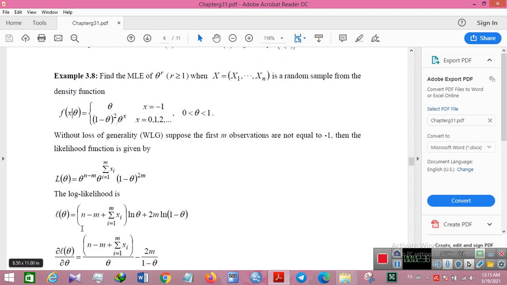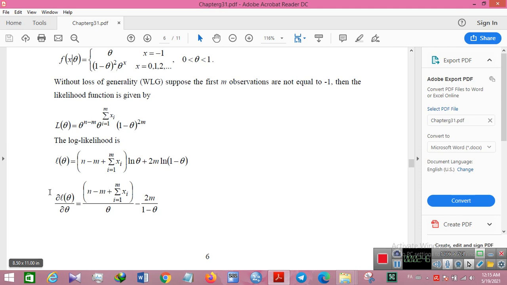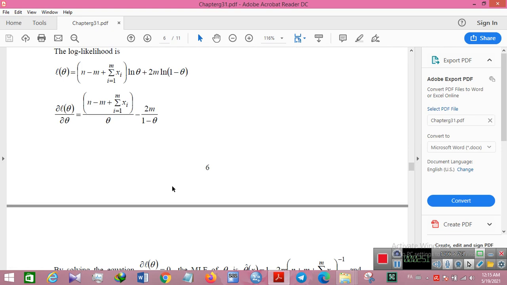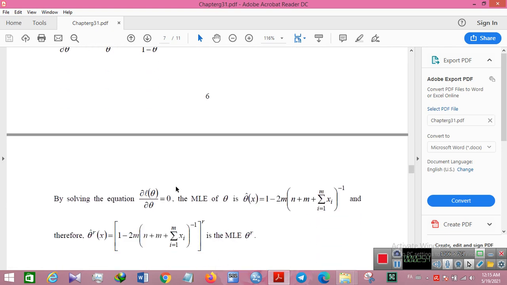So the likelihood function is given by that form, and the log likelihood is this form. By solving these equations, we can find the MLE of theta, which is given by theta hat(x) equal to y minus 2m over n plus m plus the sum from i equal 1 to m of x to the power minus 1.